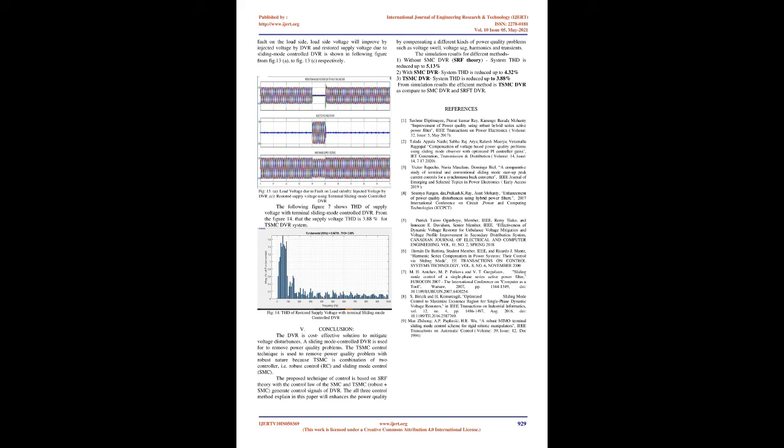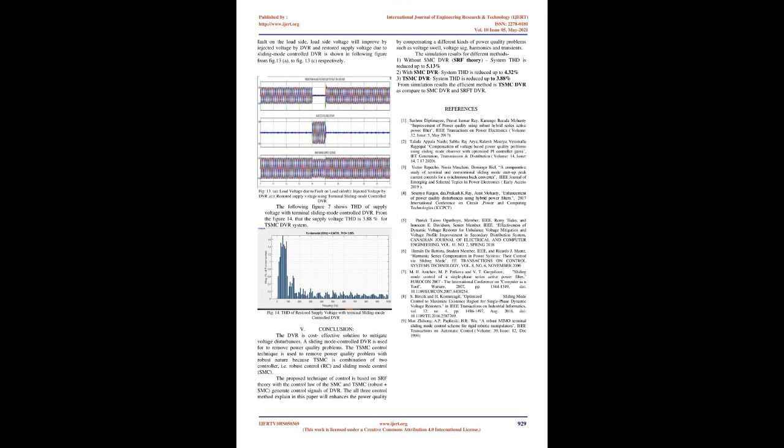All three control methods explained in this paper enhance the power quality by compensating different kinds of power quality problems, such as voltage swell, voltage sag, harmonics and transients. The simulation results for different methods: 1. Without SMC DVR, with SRF theory, system THD is reduced up to 5.13%. 2.